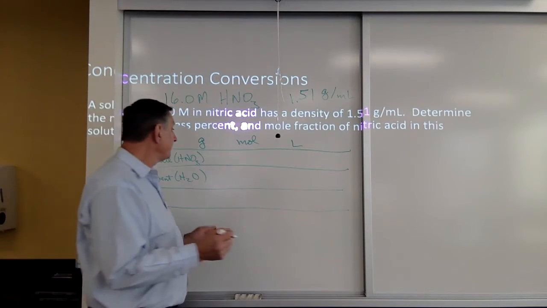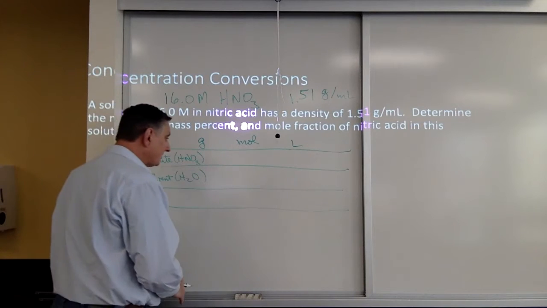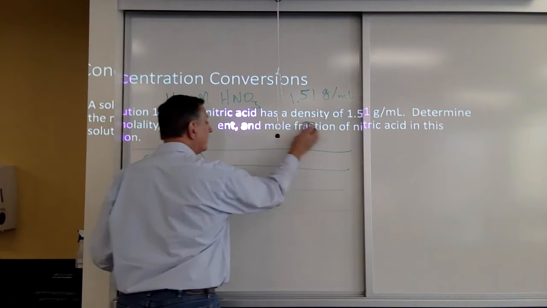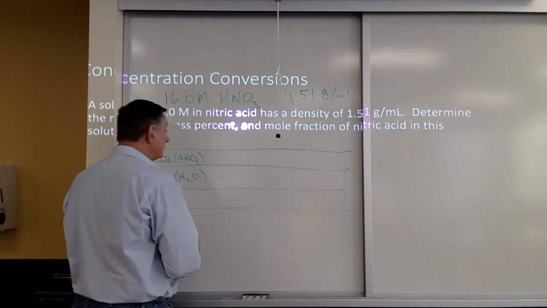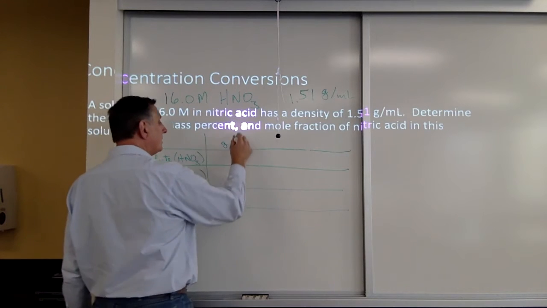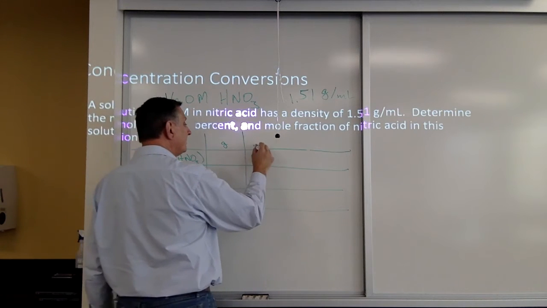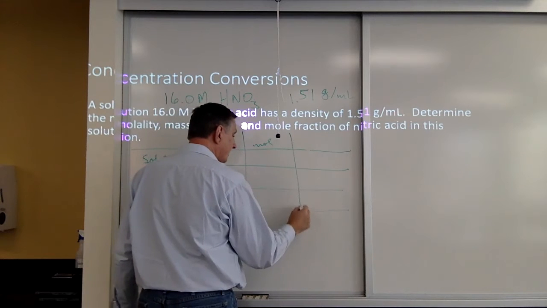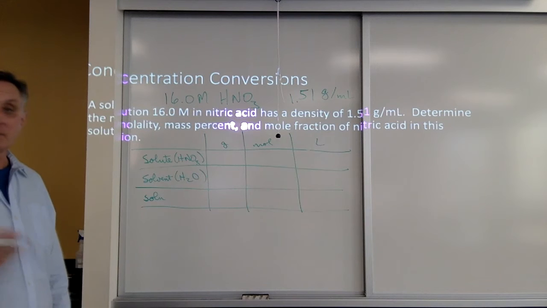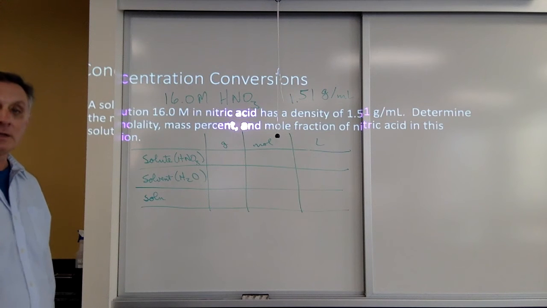So let's see, we have grams, moles, and we have volume, liters or milliliters. And by the way, you should be able to do that conversion so quickly in your head.